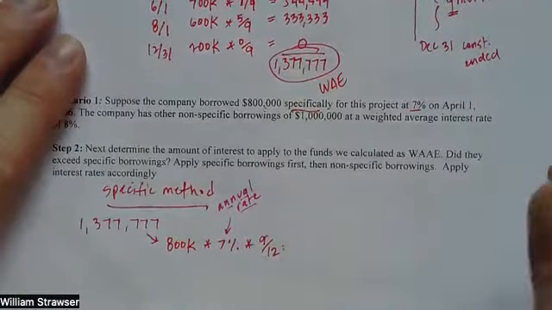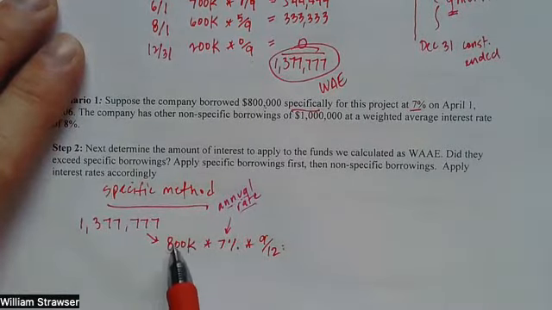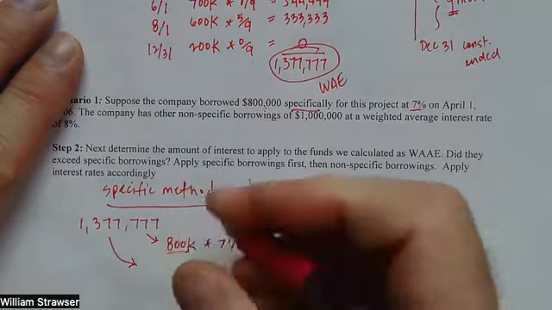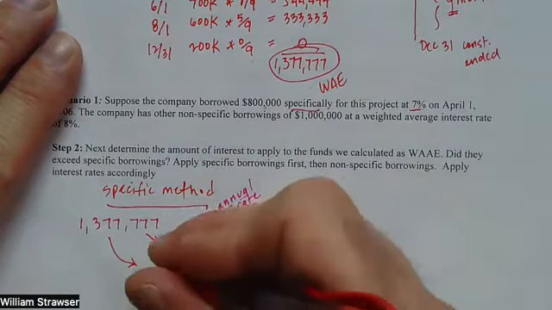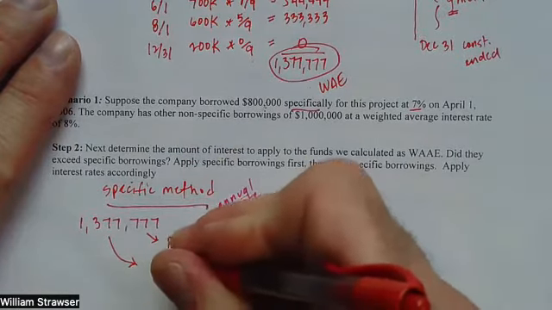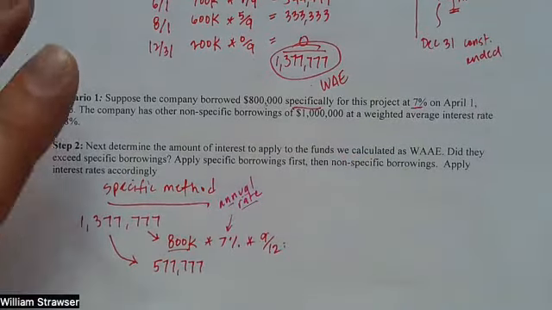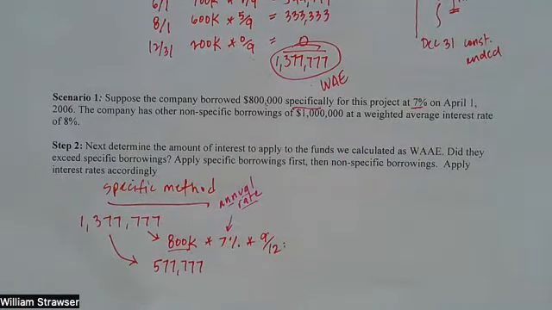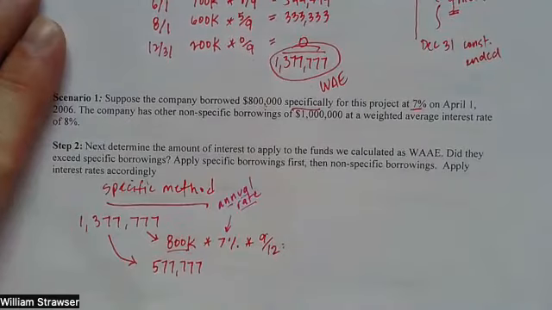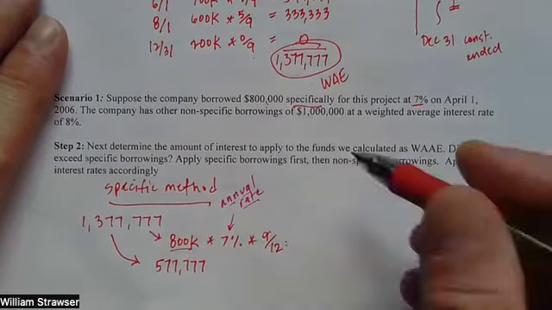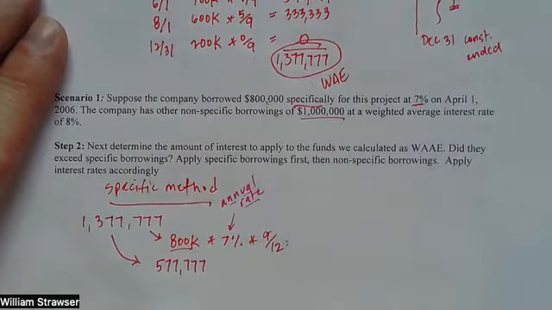So the next piece, we got the 800 assigned, but we still have, even after the 800, $577,777 that qualifies for capitalization. Do I have enough debt to capitalize that? Well, yeah, I still got $1 million left.